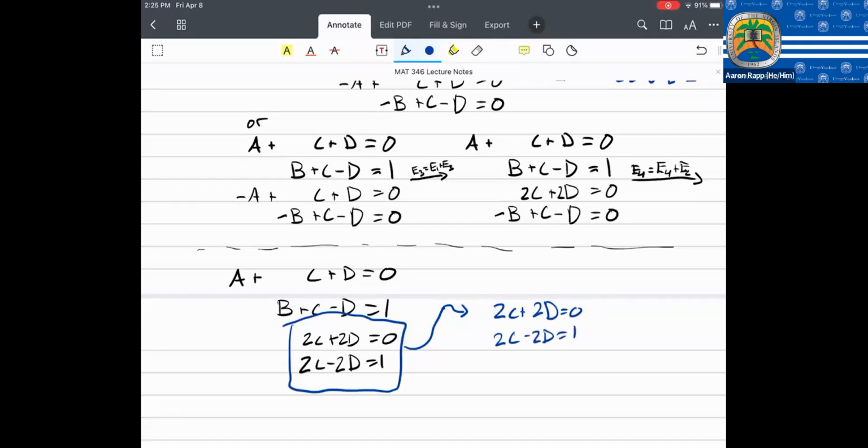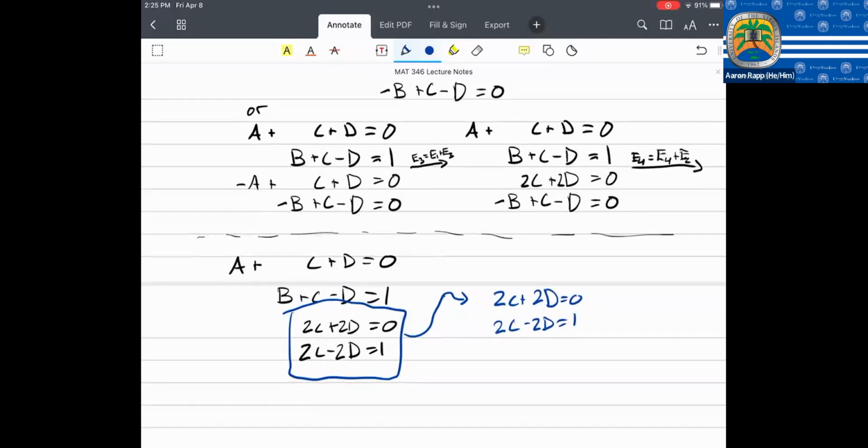And again, I get to see a nice little reduction. Because what happens if I take the first equation and add it to the second equation? I get a 4C is equal to 1.